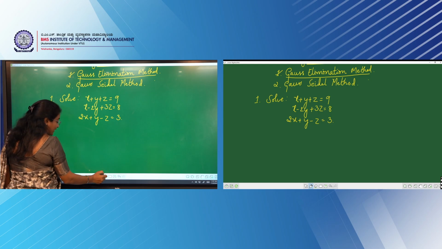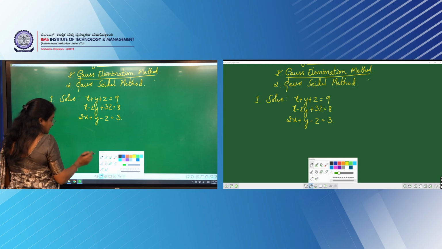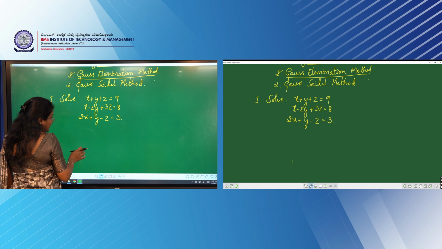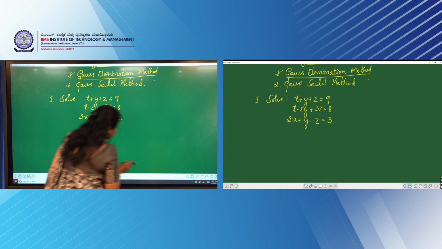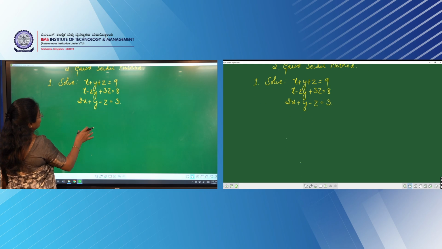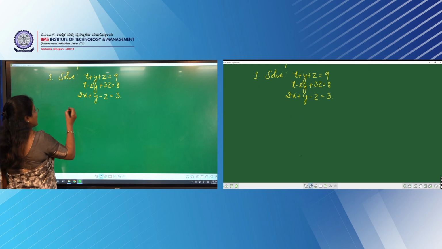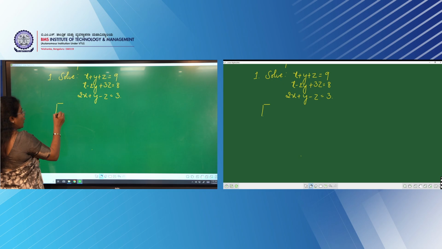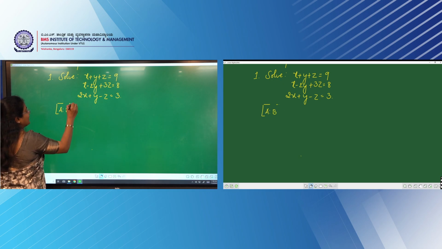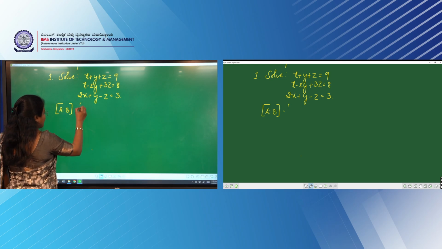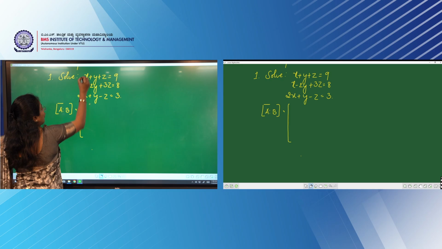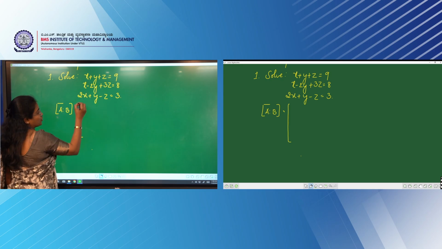So now we'll write the augmented matrix. In the previous class, I explained how to write the augmented matrix. So augmented matrix is a combination of coefficient matrix and constant matrix. Now first we'll write the coefficients of the first equation.